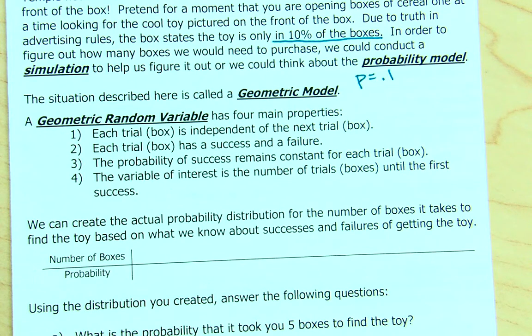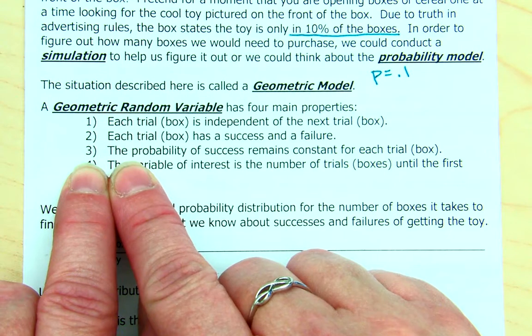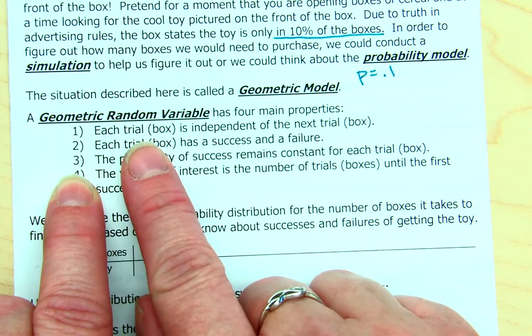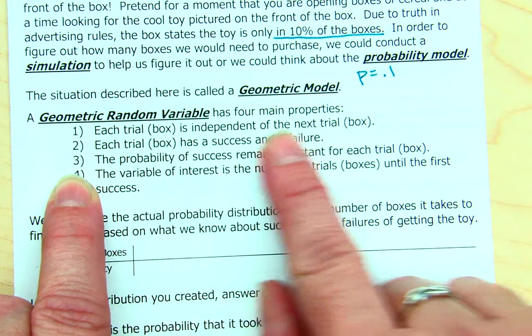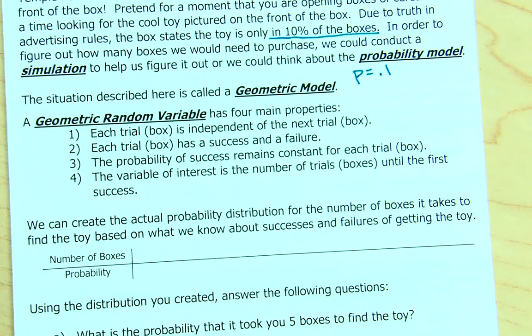So we talked yesterday about the binomial distribution, and remember I told you these first three things are the same for geometric and binomial. Each box or each trial is independent. So every time we choose the cereal box and we try to see if that toy's in there, the outcome of that one has no effect on the next box that we get.